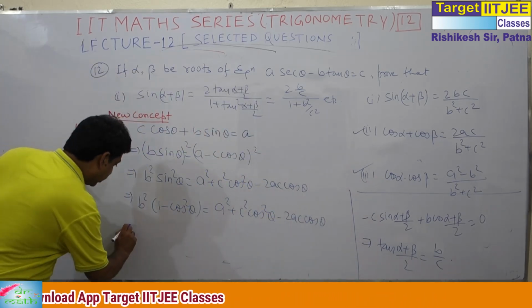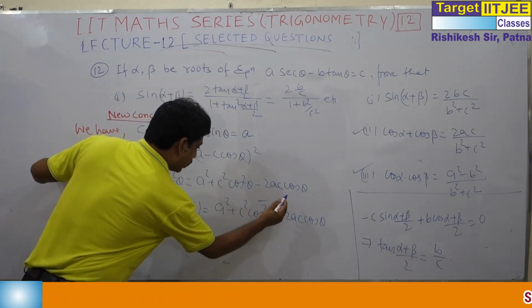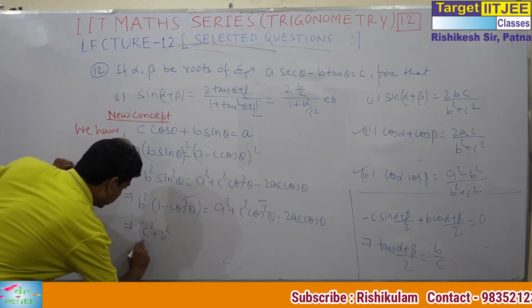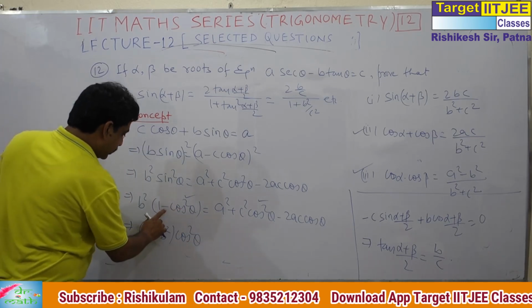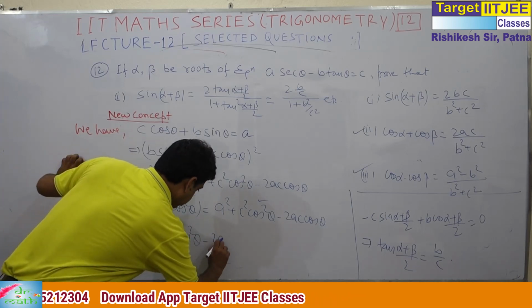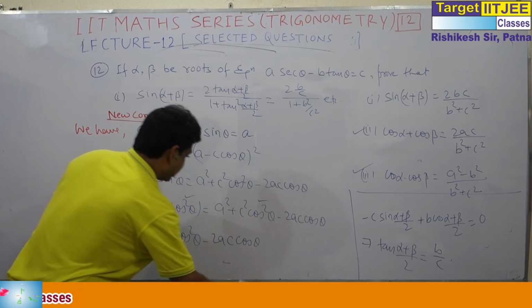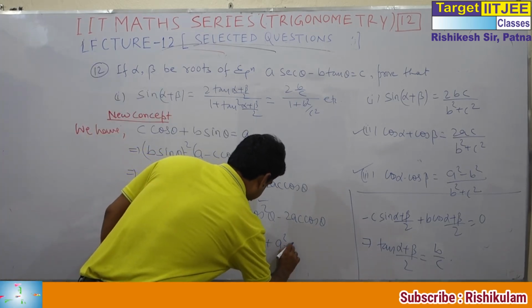This will be a quadratic equation in cos theta. Write the terms of cos square theta: c square plus b square into cos square theta, a quadratic equation in cos theta. When the side changes, this is minus 2ac cos theta plus a square minus b square.